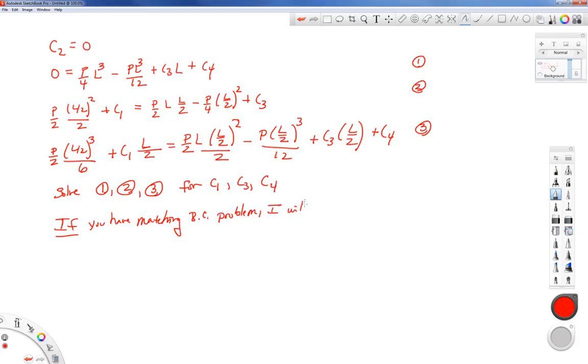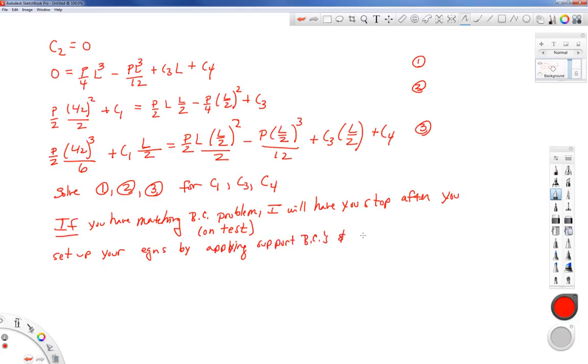If you have a matching boundary condition problem on a test, I will have you stop after you set up your equations by applying support boundary conditions and matching boundary conditions. For homework, grind it out.